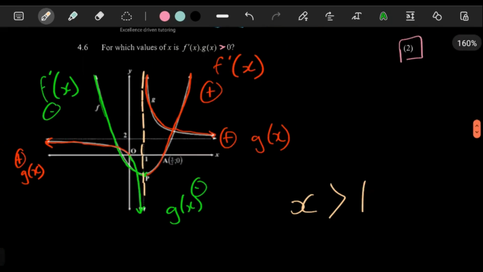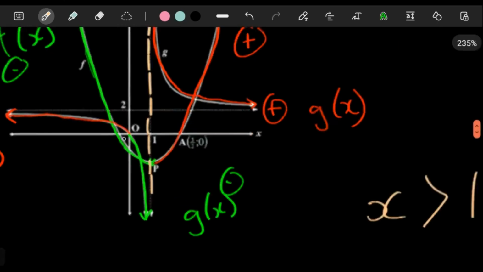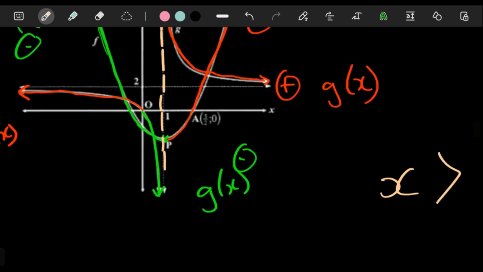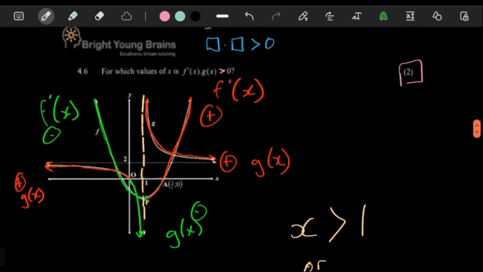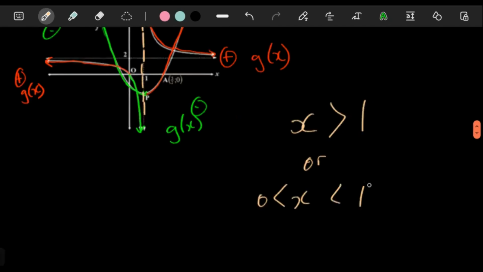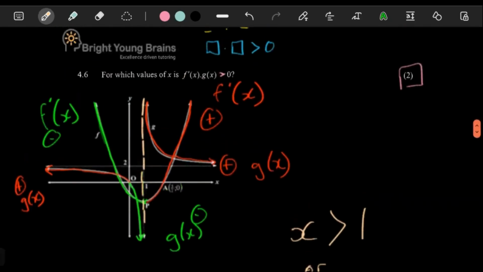And then the portion where they are both negative at the same time, simultaneously, is between 0 and 1. You see, between 0 and 1, we have negative y values and negative gradients also. So we can say here, x has to be bigger than 0, or x is smaller than 1.